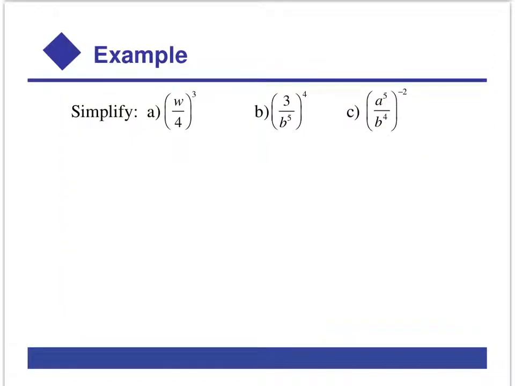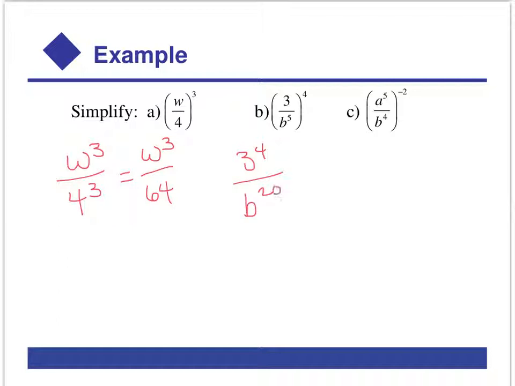So, for example, we're going to have w raised to the 3rd over 4 raised to the 3rd, which simplifies to w raised to the 3rd over 64. We're going to have 3 raised to the 4th. Now remember, you have to multiply, so you get b raised to the 20th, and this simplifies to 81 over b raised to the 20th.